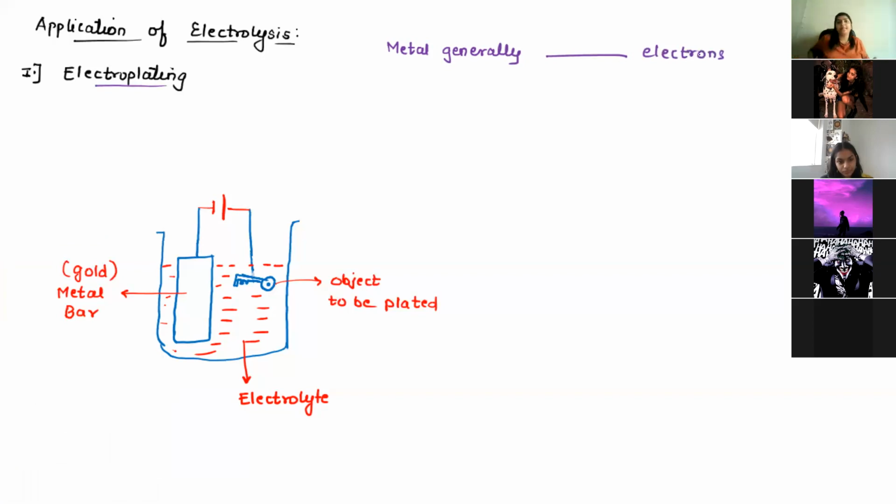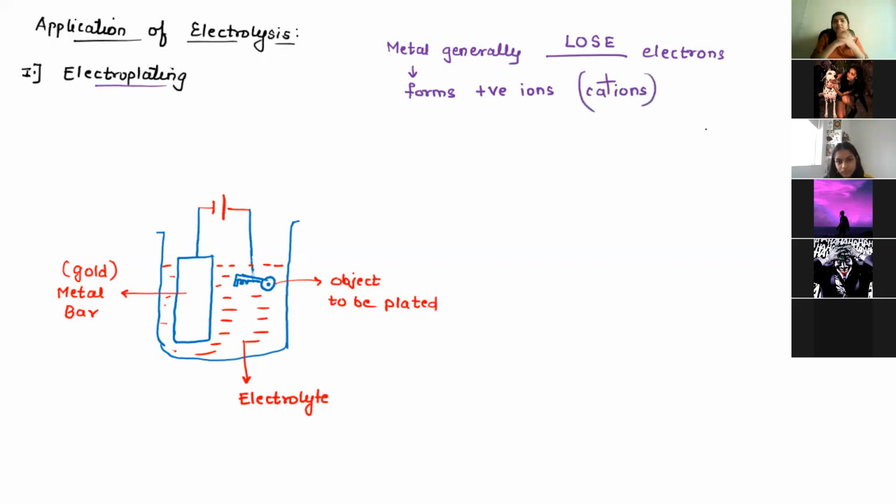Lose or gain? Lose electrons. You have never heard about Na minus, Al3 minus. It's always Al3 plus, Na plus, potassium K plus, which means metal forms positive ions. They will form cations, which are positive.